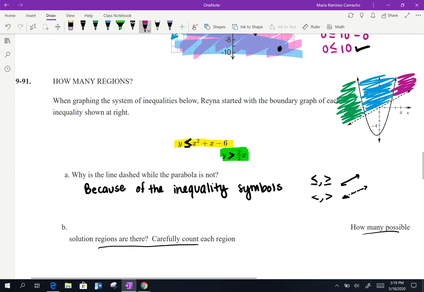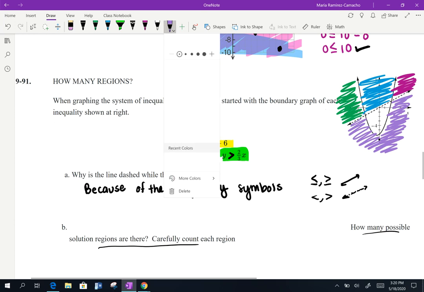And these are all just regions where we could possibly have overlap. Here's a fourth, and that'll go around the parabola. So all of this is another possible one. And a fifth one, let's pick a different color.